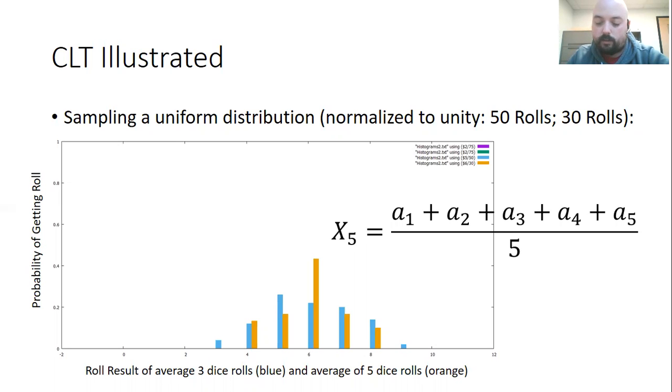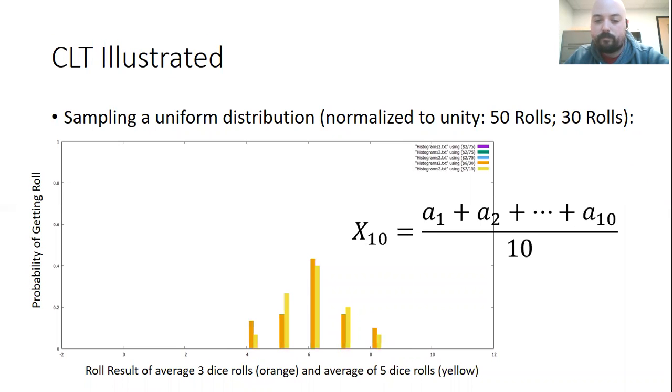So we may see this more often, particularly once we start getting beyond an average of 2 numbers. And you can see with the orange, we're starting to really get that overall Gaussian shape where it rises up and peaks and then falls back down in a symmetrical fashion.